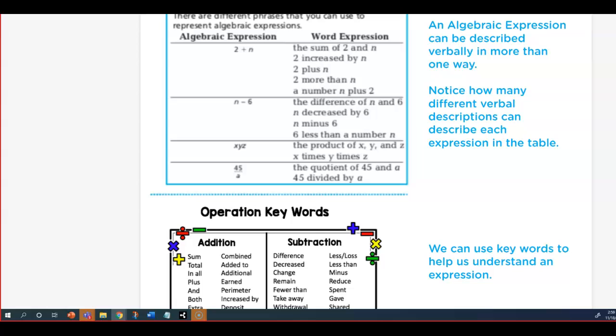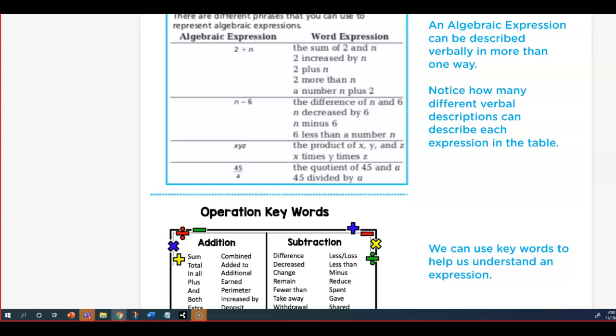A lot of times they use n, and I'm going to use n because it stands for number. If they don't tell me what variable to use, I always pick the variable that goes with the word we're using. So if it was apples, I would use a. Because it represents just the word numbers, I use n. So you're going to see n a lot today.